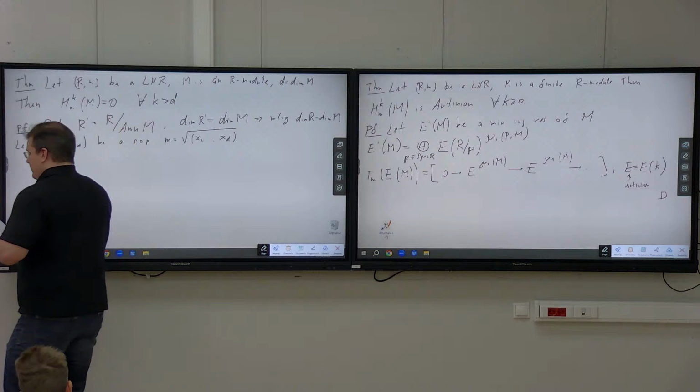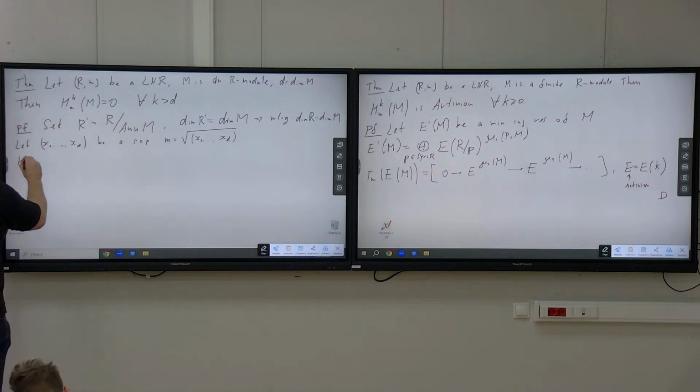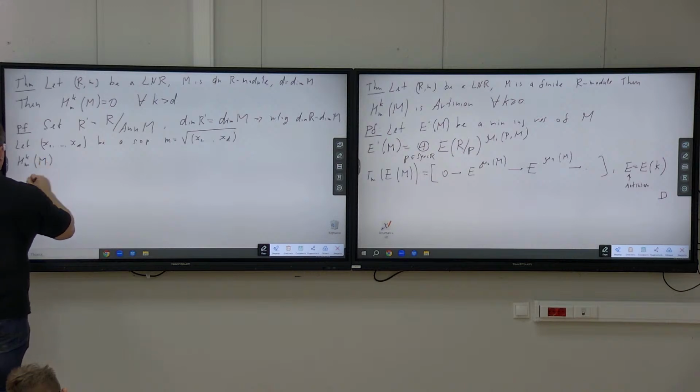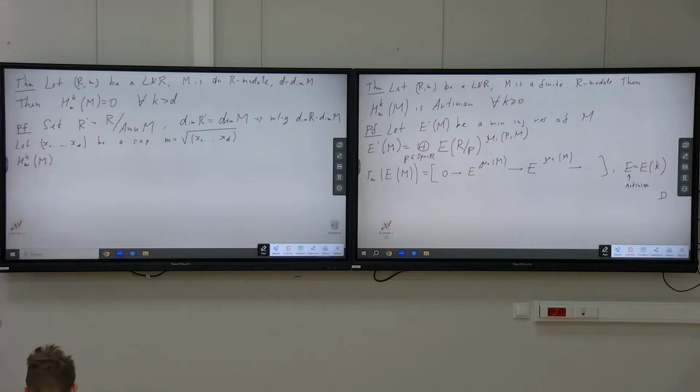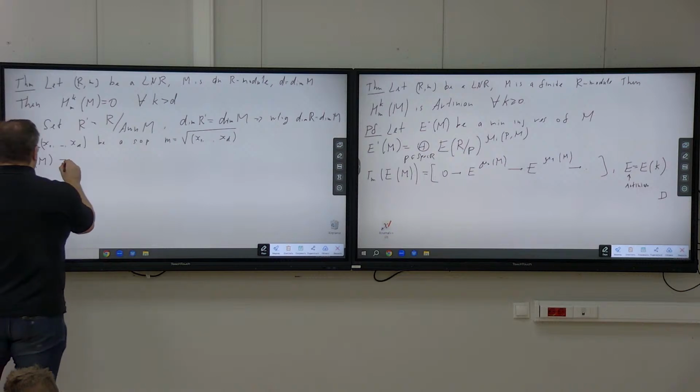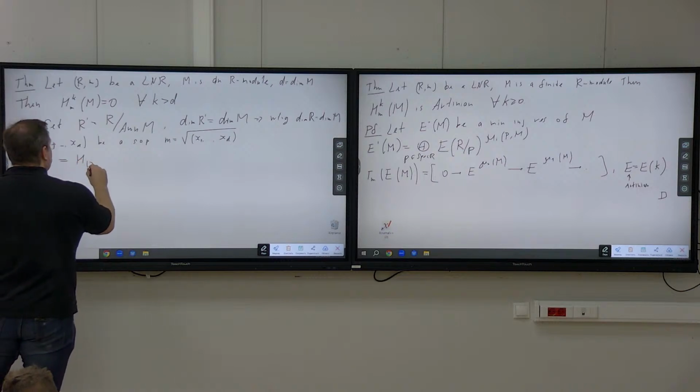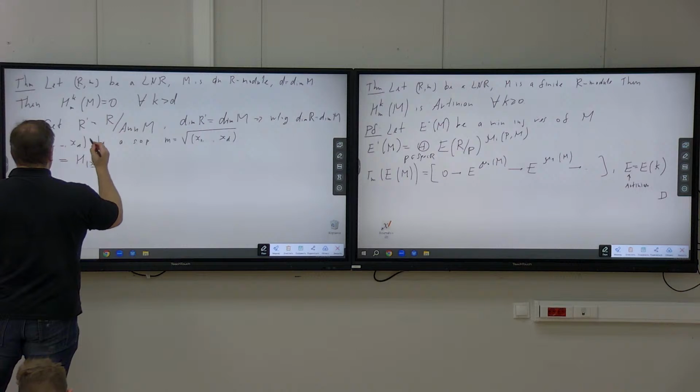And we know that we can compute local cohomology for the ideal m by going to another ideal which has the same radical. So in this case, I just go to the ideal generated by this sequence, which is a system of parameters.